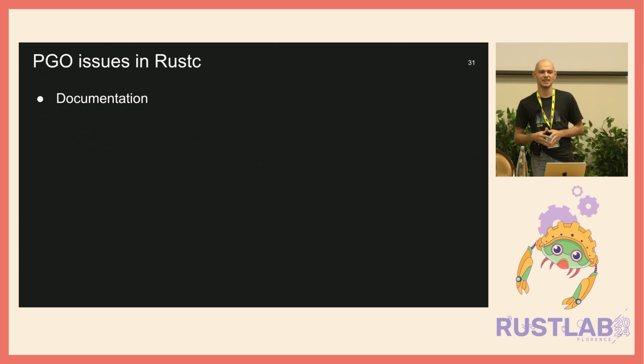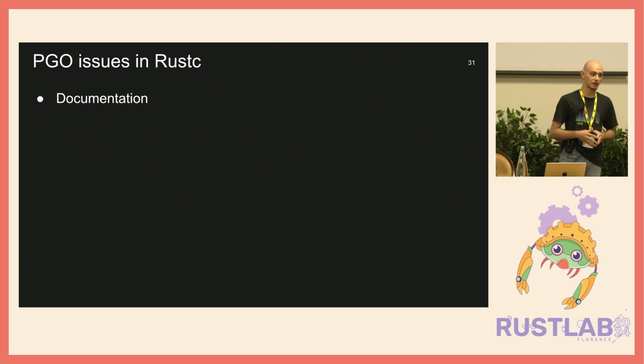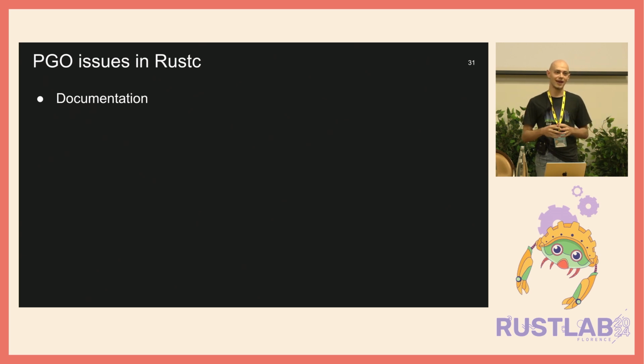Rustc developers don't care much about PGO for users, so the documentation page is pretty small, and if you want to read all the interesting information about PGO, there is a link in the Rustc documentation to the Clang documentation.